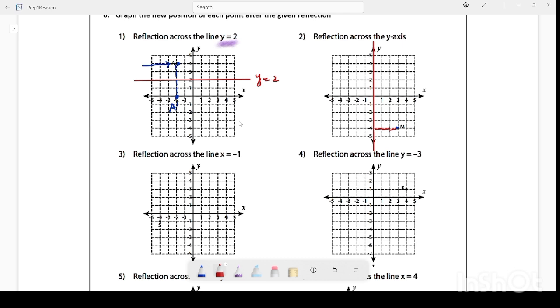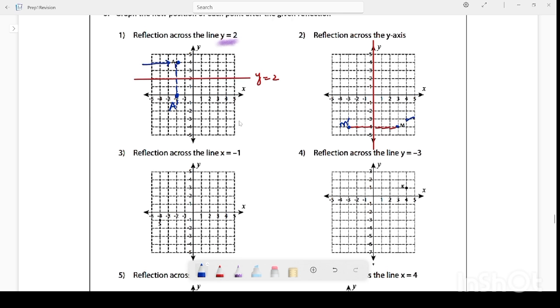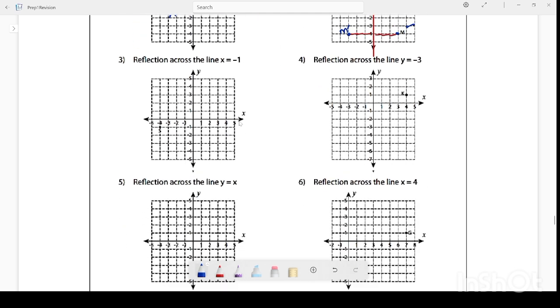So on the left-hand side, we'll make 3 blocks, 1, 2, and 3, and then we'll mark the dot, which is now M prime. So M prime is the answer for this M. This is the reflection.